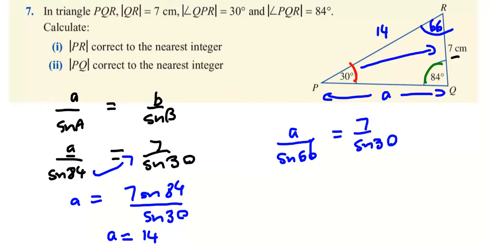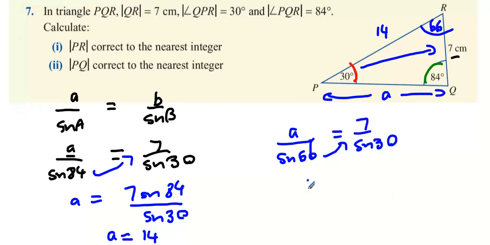Some of you could also use 14 over sine 84 if you want. That will also work. Somebody else could have picked the 14 and be using 14 over sine 84. That's okay. You'd get the same answer. So I'm going to use the 7 over sine 30.